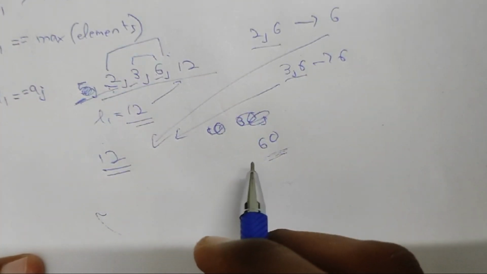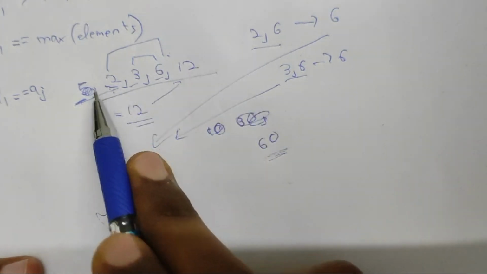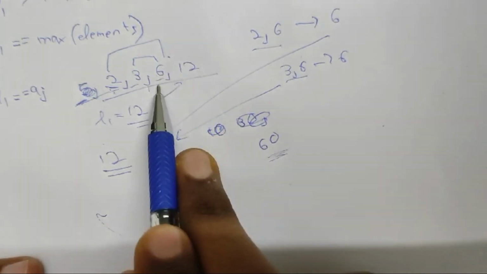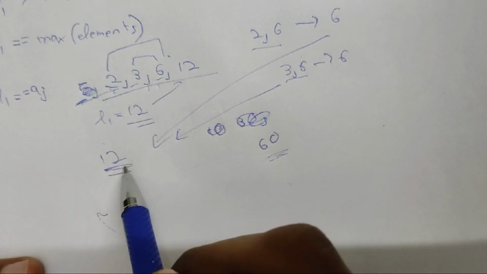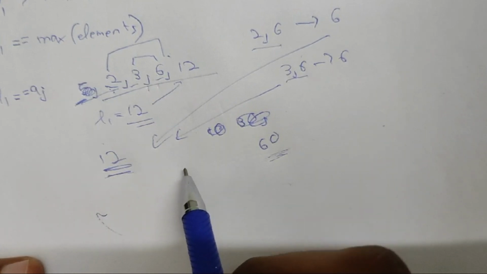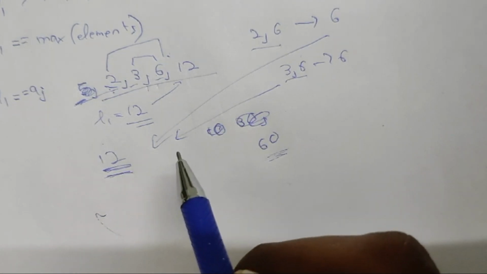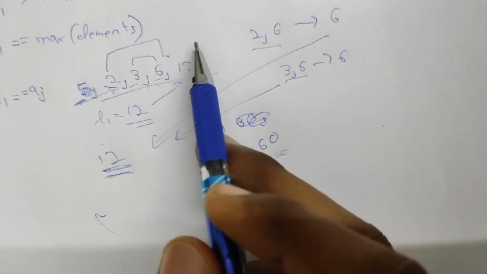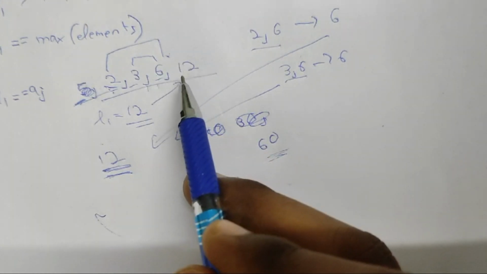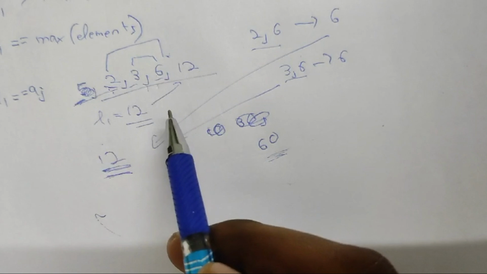Okay, now what we have to do is that since every subsequence and every element is a factor of 12, we have to check whether there exists a factor of 12 that is not present in the array, as well as it is the LCM of some subsequence.